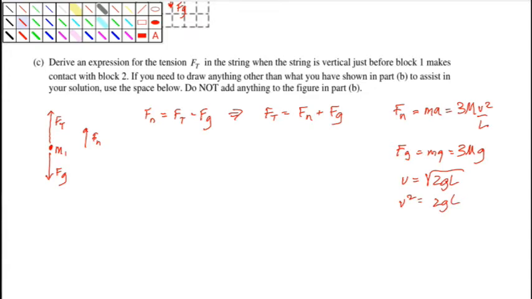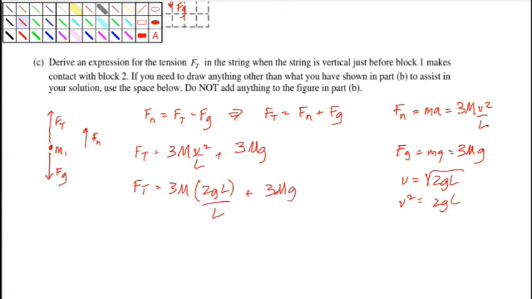So now we're just going to substitute, and what we're going to get is Ft is equal to 3m, we'll do this piece by piece, v squared divided by L plus 3mg. We substitute again, and this becomes 3m times 2gL divided by L plus 3mg, and we can see that the L's cancel out here.